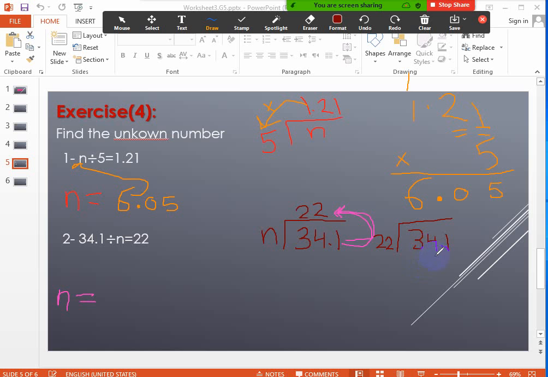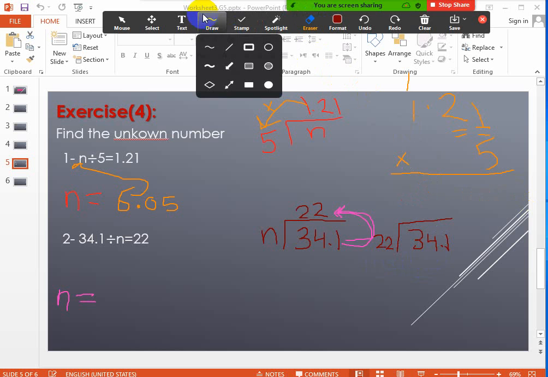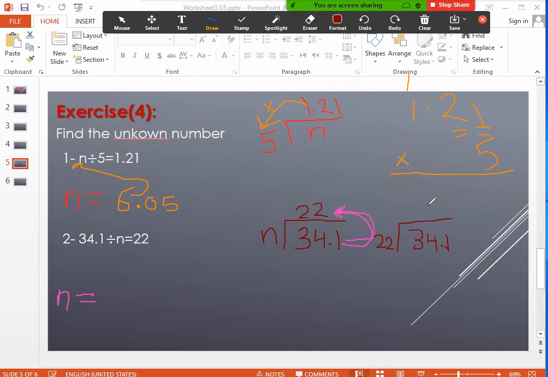Now, 34 divided by 22. How many 22s in 34? I think you have only one, right? Just one 22. Now 1 multiplied by 22. Very good. I will put the 22.